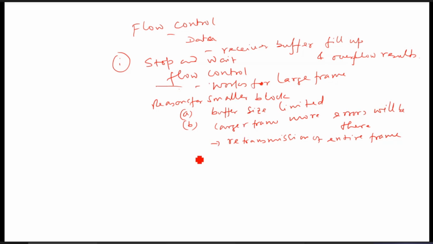Another reason is this: if a longer frame is used, then a station will occupy the medium for a longer time for transmission.